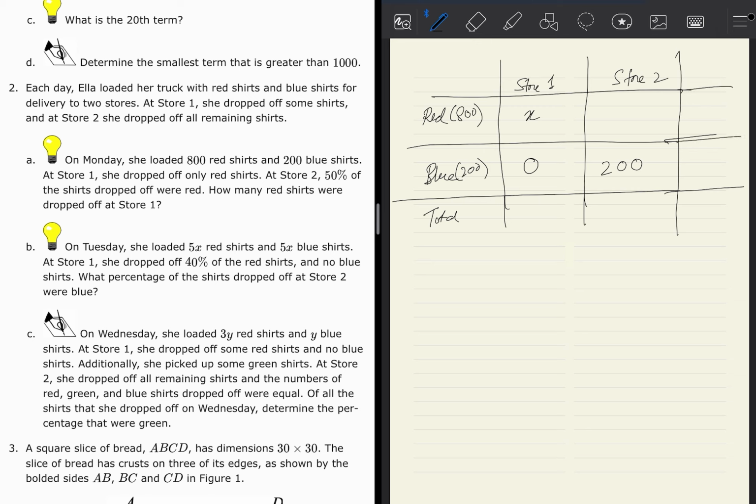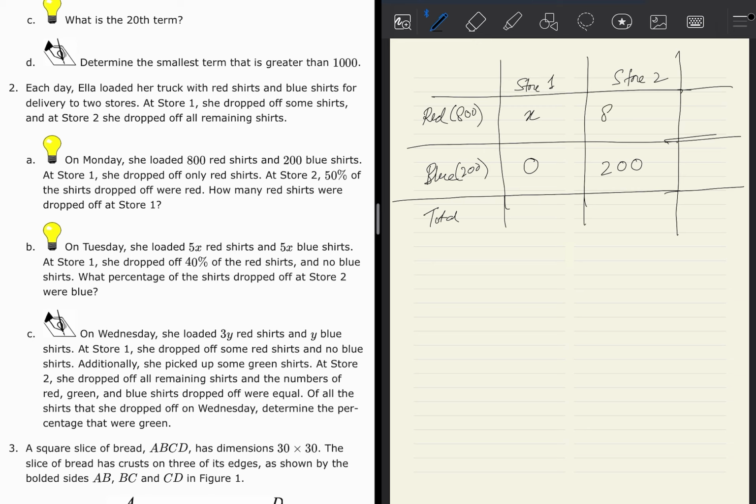So this much is very easy to understand. But what about the red shirts? We know that in total there are 800 red shirts, of which she dropped off X shirts at store 1.